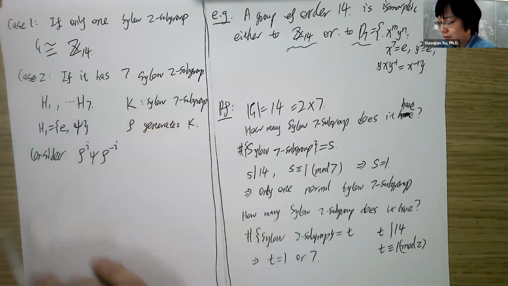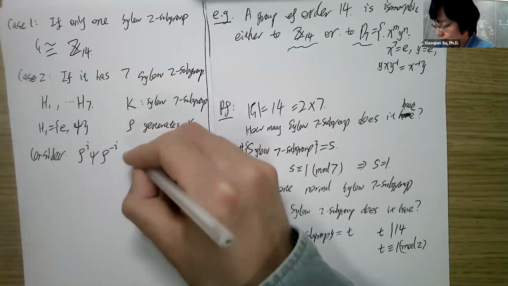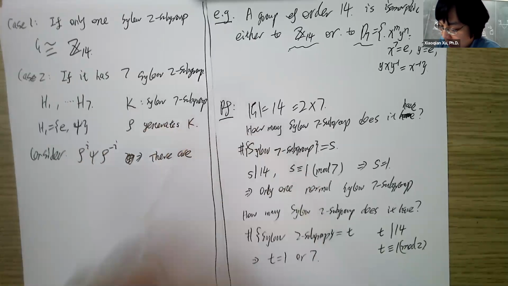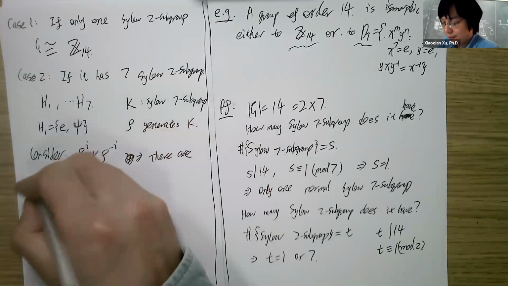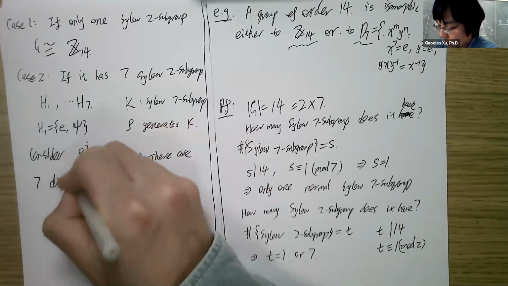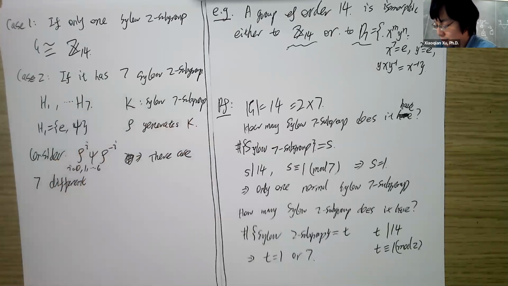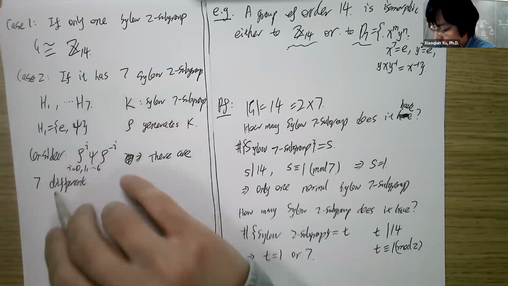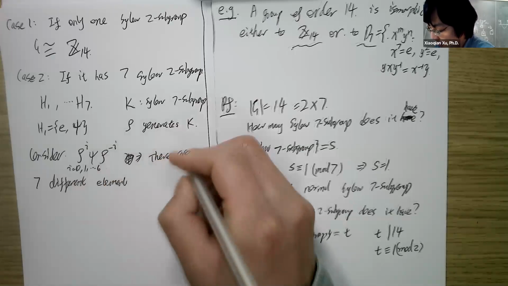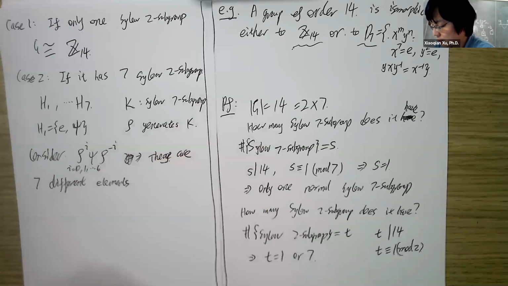What you find is that for i from 0, 1 to 6, there are totally 7 different elements of order 2.